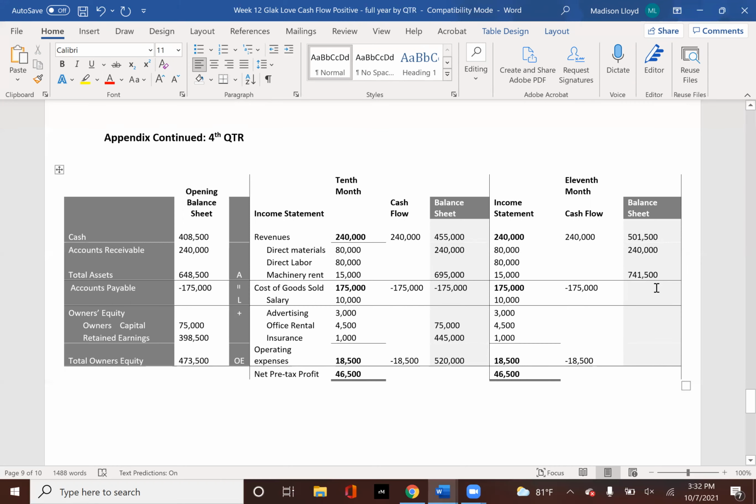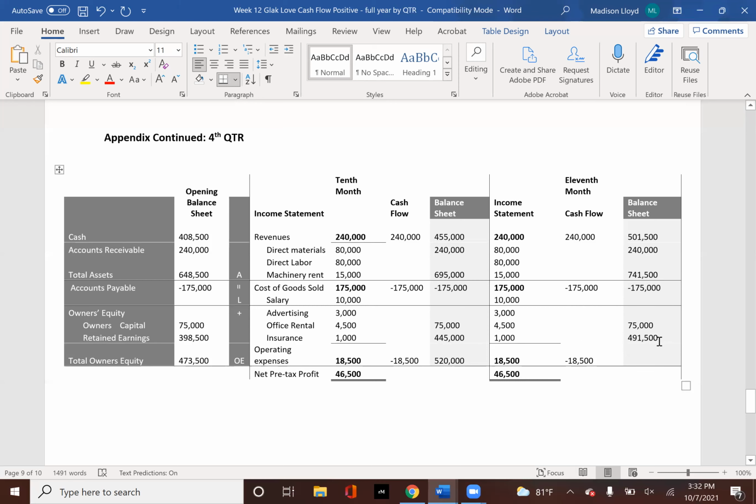Your accounts payable is going to be $175,000 for your cost of goods sold this month. Owner's capital, $75,000. Retained earnings, look at our last month's retained earnings, $445,000 plus this month's profit, $46,500. You get $491,500 total retained earnings.